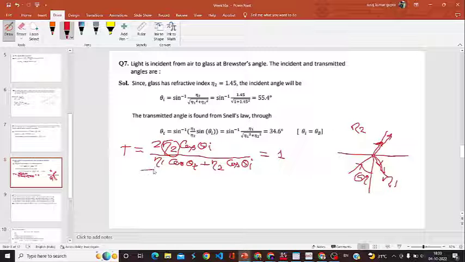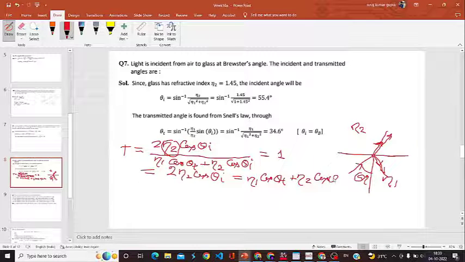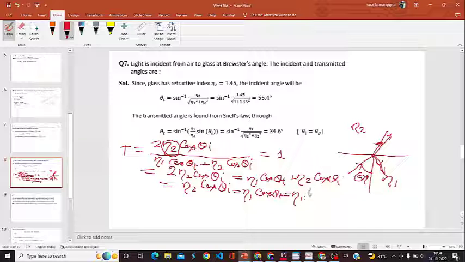So by using this we can determine that 2 eta 2 cos of theta I equals eta 1 cos of theta t plus eta 2 cos of theta I. This we can simplify as eta 2 cos of theta I equals eta 1 cos of theta t.